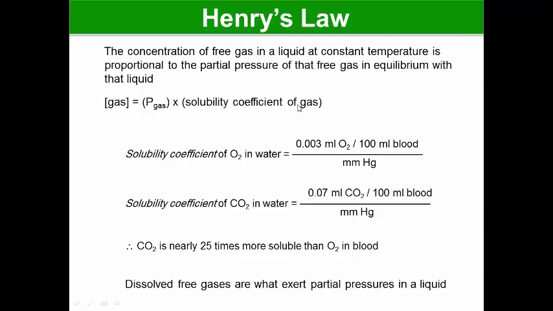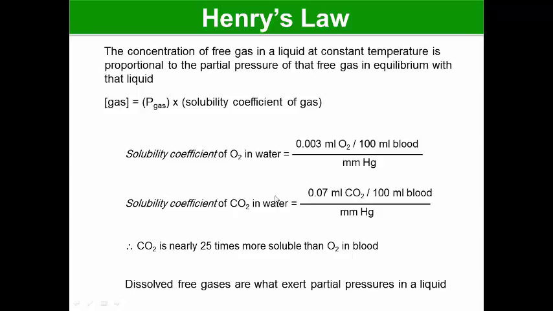You know that most of the plasma is water, so when we say water or plasma in the blood, we mean the same thing. The solubility coefficient of oxygen in plasma or in water is equivalent to 0.003 milliliters of oxygen in each 100 milliliters of the blood per millimeter of mercury partial pressure of oxygen.